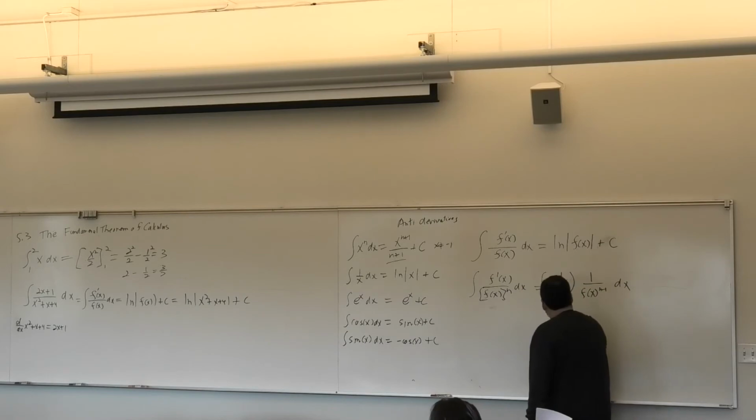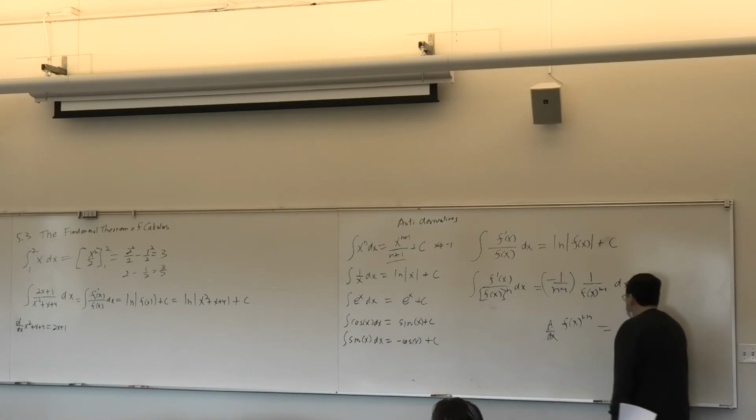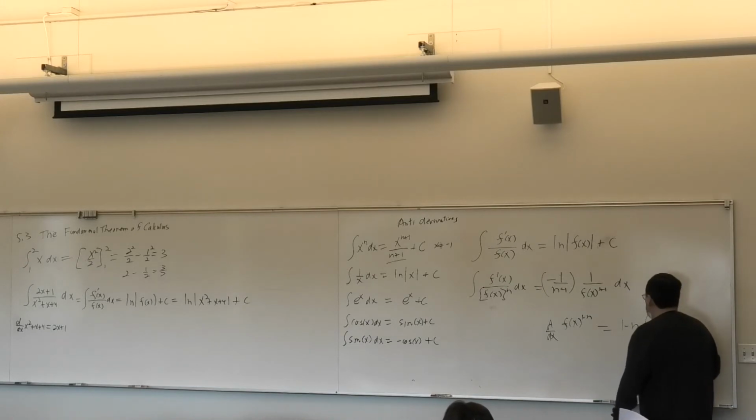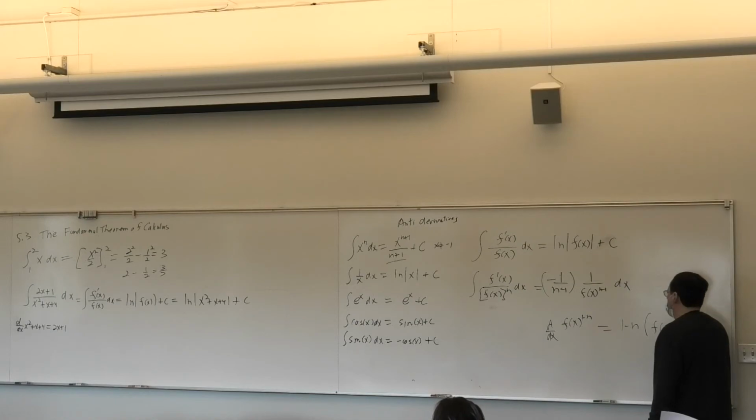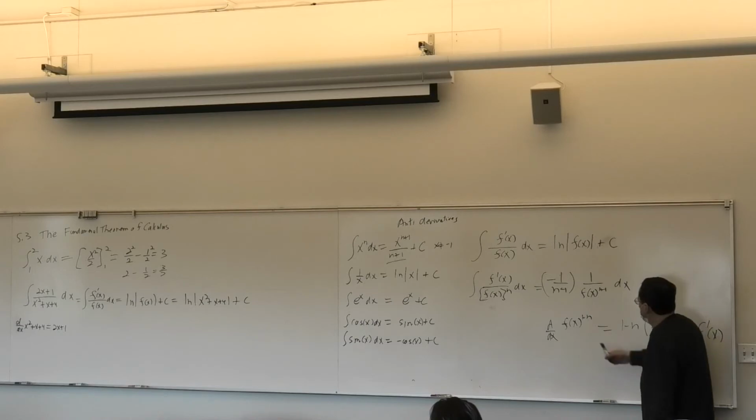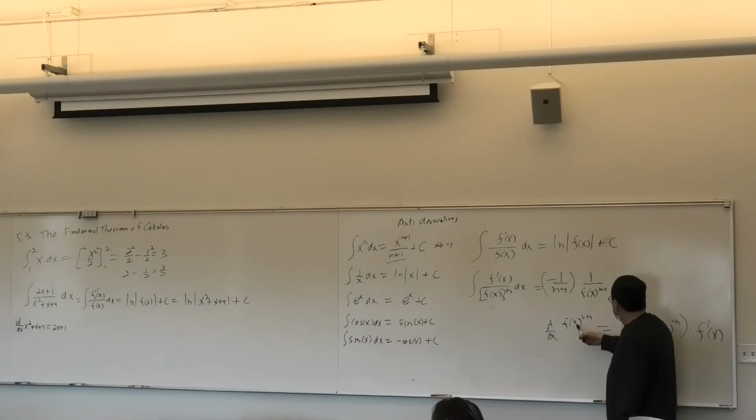Its derivative is 1 minus n times f of x to the minus n times the derivative of f of x. That's what the derivative of this piece is.